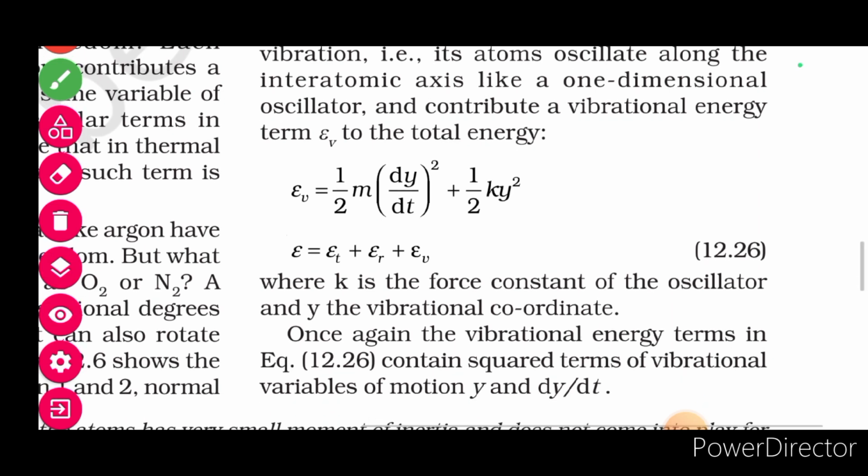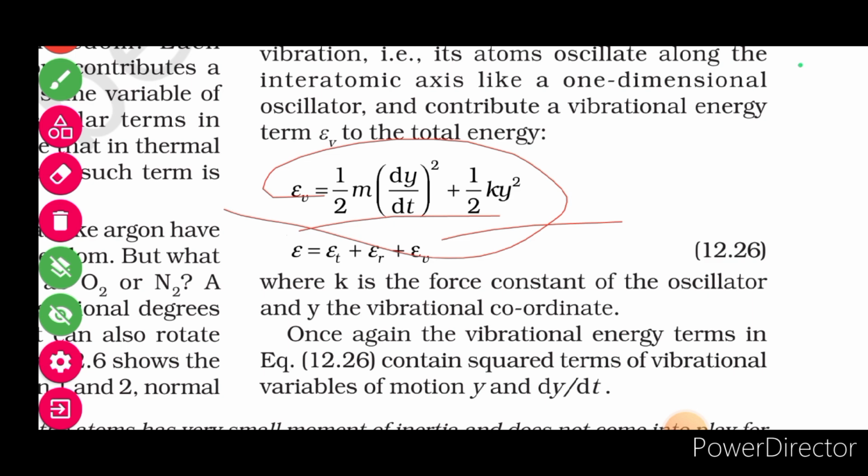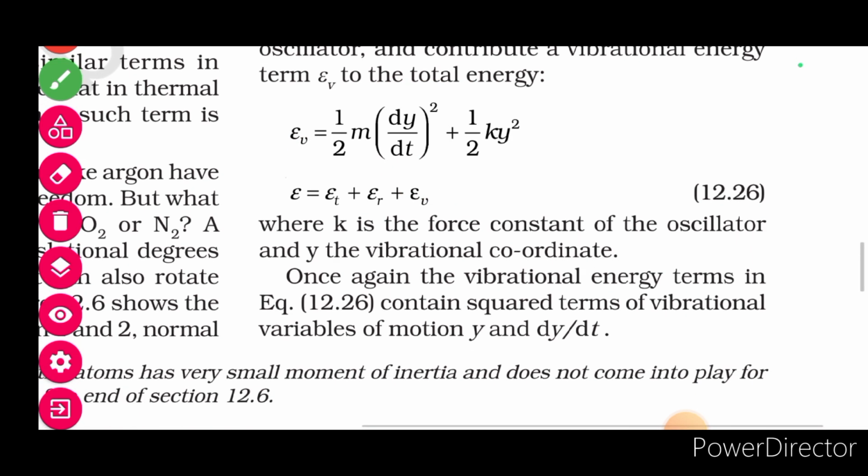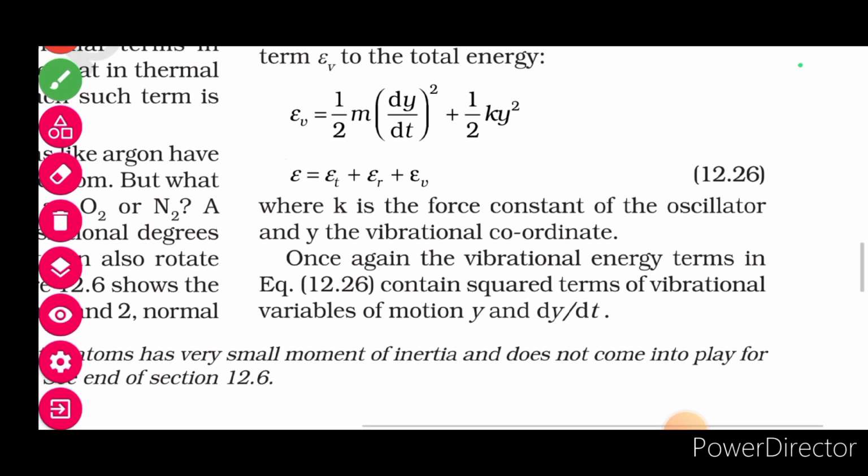This is the total mechanical energy due to vibration: kinetic energy plus potential energy. Here k is the force constant of the oscillator and y is the vibrational coordinate.